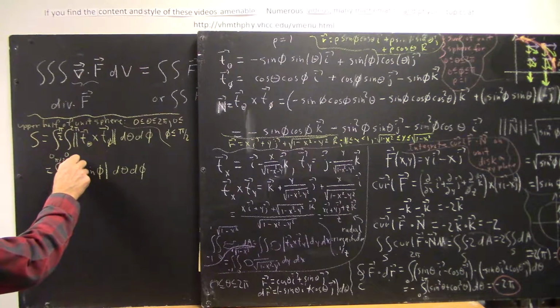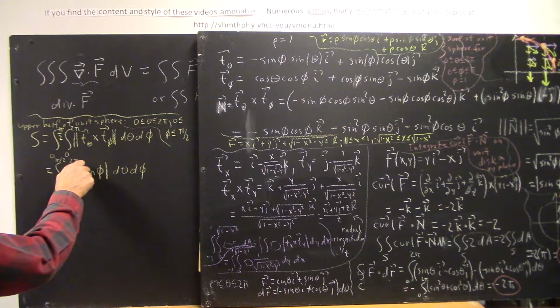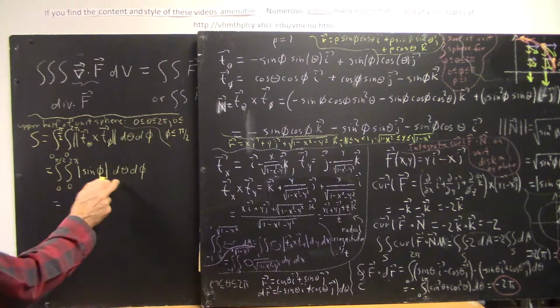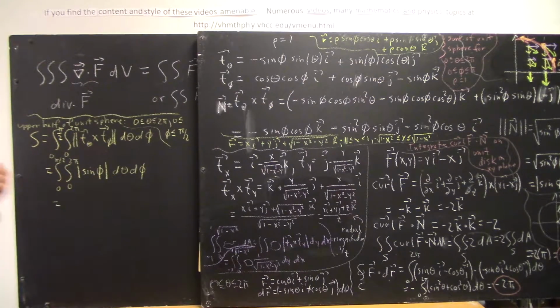Our theta integral is the first one. There's no theta dependence. The integral of d theta is just theta, so we substitute 0 and 2 pi. The change in theta is just 2 pi.